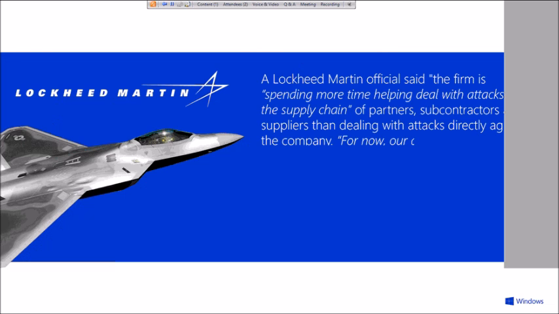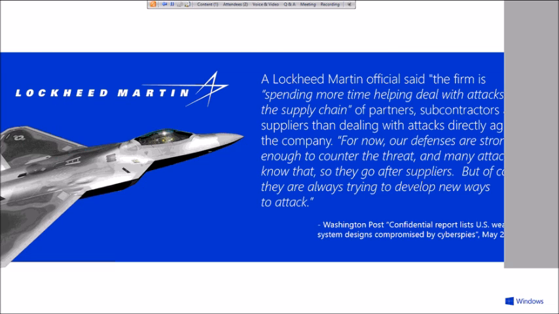Those are just a few more examples. One of the examples I keep talking about at Microsoft conferences is the case of Lockheed Martin. Basically what Lockheed Martin said is that most of their IT budget is going right now into security investments and the security measurement of their supply chain, because they say, okay, we know that our defense is strong enough for the current threats, and that their attackers know about that, so they are looking after the suppliers.